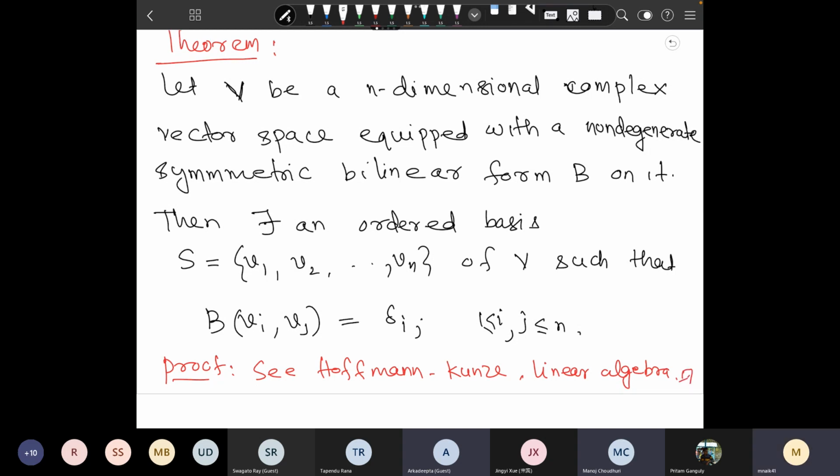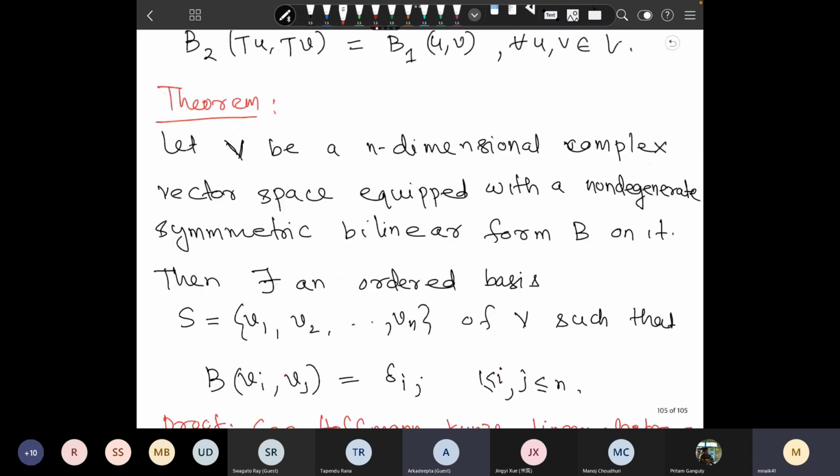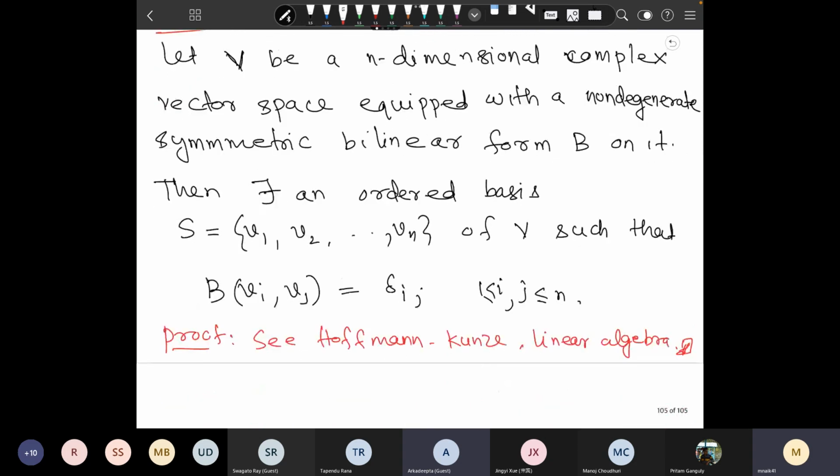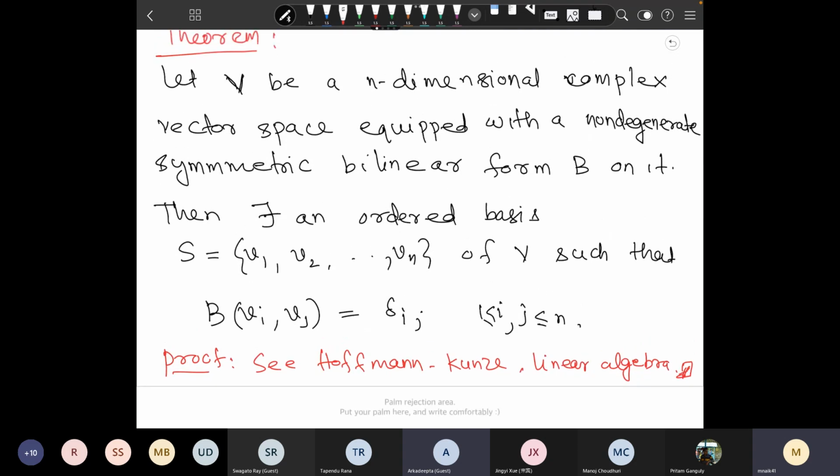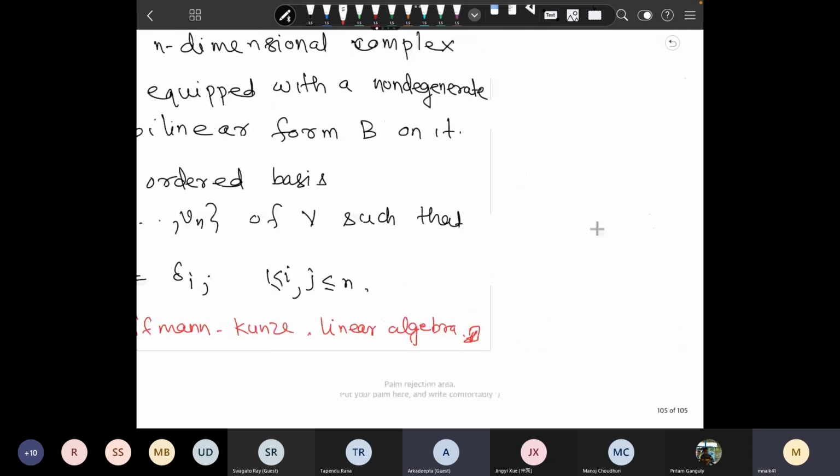Yes, that will be the identity matrix. Let me write the next statement, then you will be clear. That's precisely the identity matrix, because -1 is a square here.